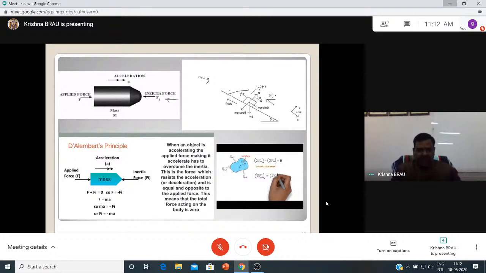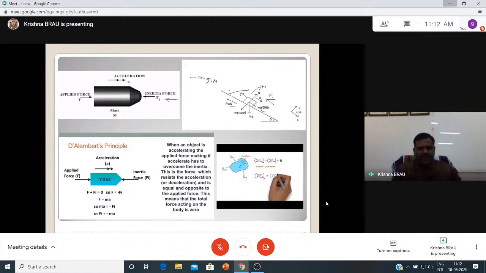Fi plus this component mg sin theta, minus F, because this is opposite and these two are in the same direction.